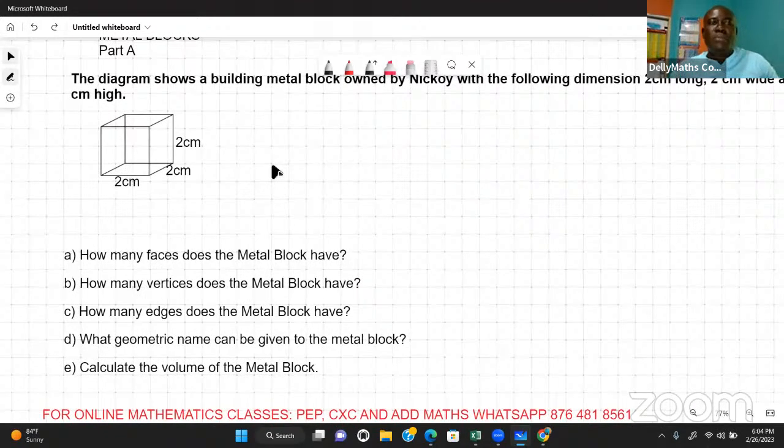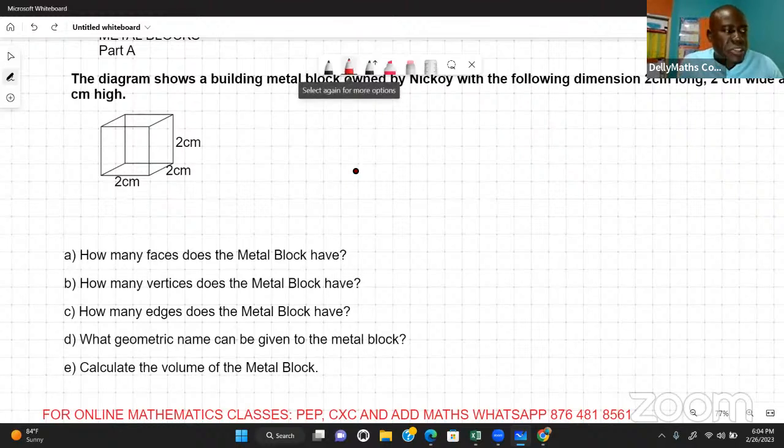The faces would actually be the surfaces that you can touch. So if you imagine rubbing your hand all over this block, what are the faces that you're actually encountering? So I'm going to try to mark them so you could see an idea of what I'm saying. So this is one of the faces right there, this one here, and it has a twin on the other side. So that's 2, putting those in red.